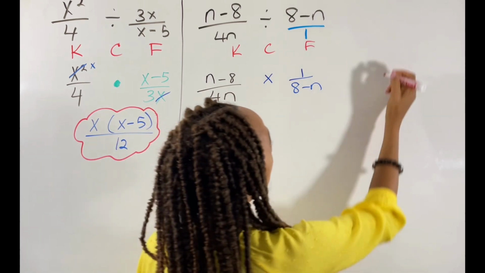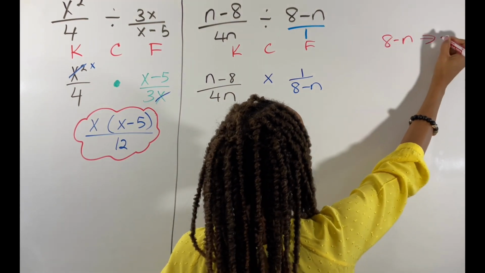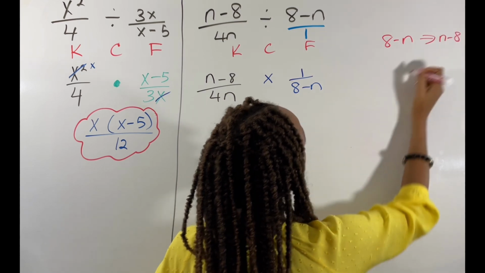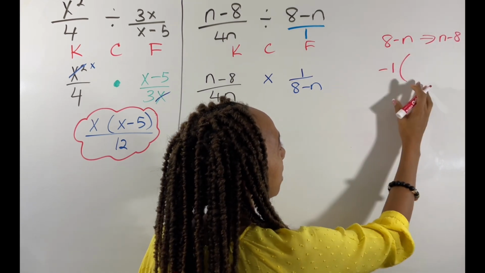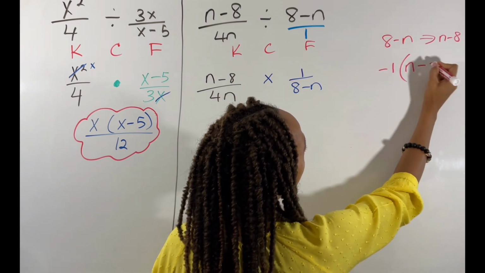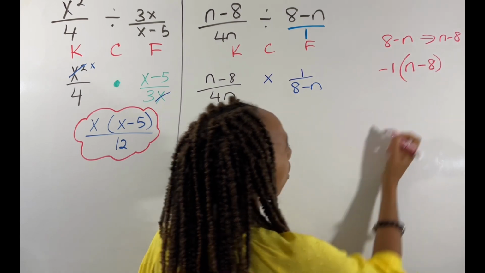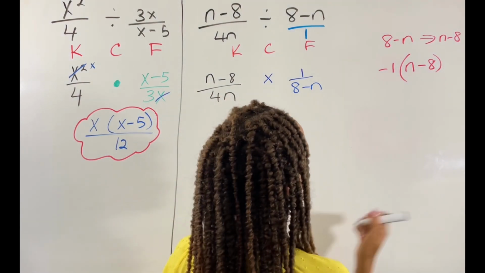So if I have my 8 minus n here and I need to change that to n minus 8, I need to take out a negative 1 out of that. If I do that, then I can have my n here and my minus 8 here. And you can test this, and I'm going to show you, alright, that it will work.